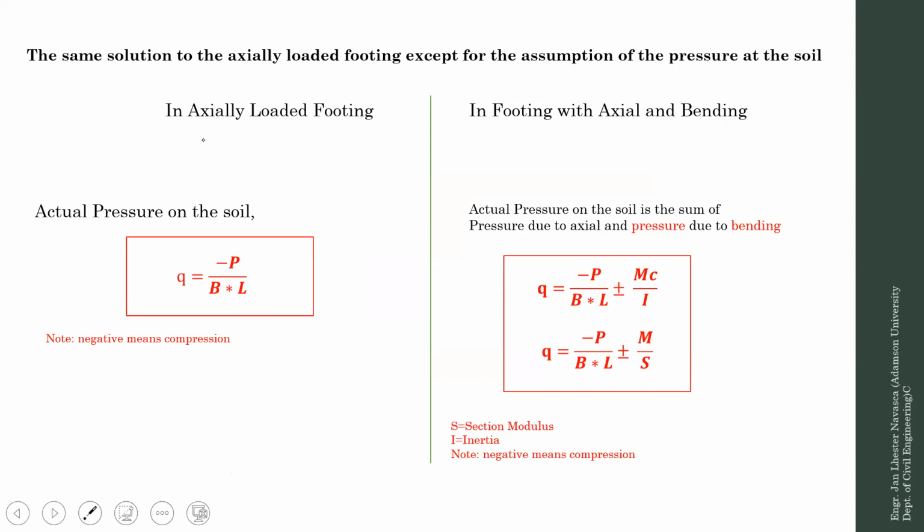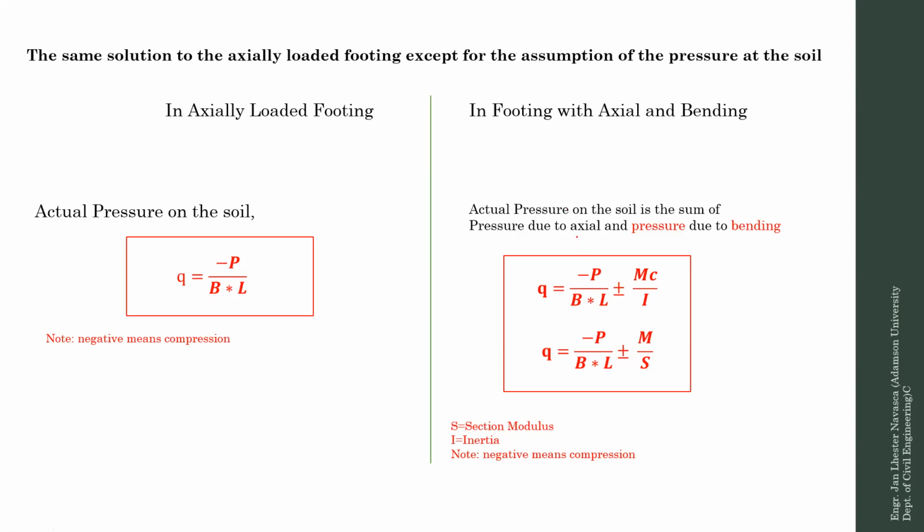So in the case naman, yung footing mo with axial and bending, so single axis bending lang to, yung actual soil pressure mo is the sum of the pressure due to your axial and due to bending. It should be the contribution of the axial and the bending.